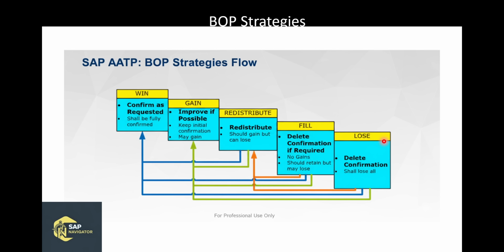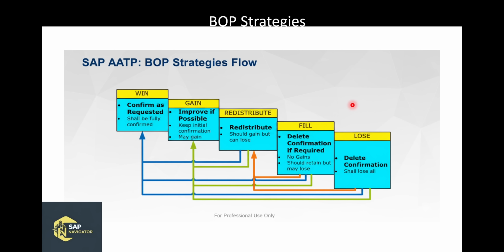And coming to lose category, delete confirmation shall lose. So regardless of the business requirement, it will always lose the quantity. Whether we have a requirement in these categories or not, it doesn't matter. Once the sales order comes under lose category and the BOP run is completed, it will lose the entire quantity. Let's say there is one sales order where you place an order for 30 quantity, and out of 30, 20 is confirmed, or else all 30 are confirmed.